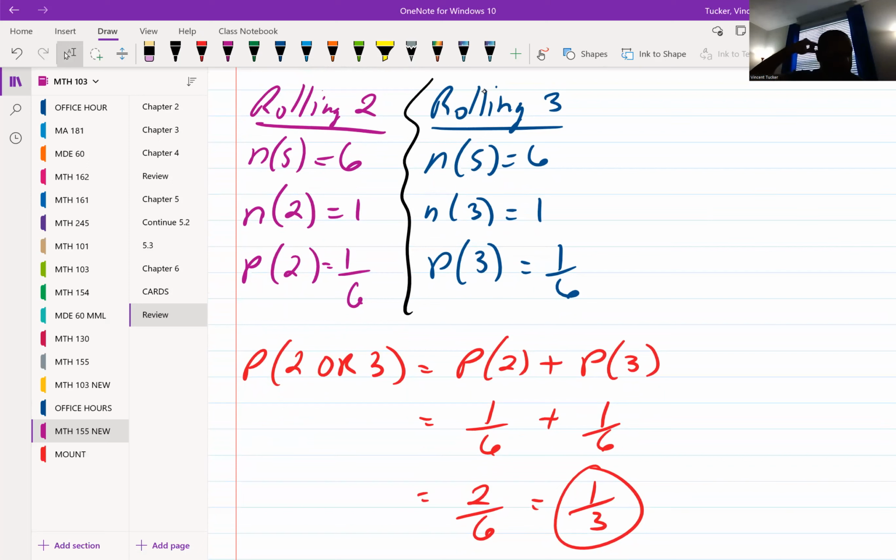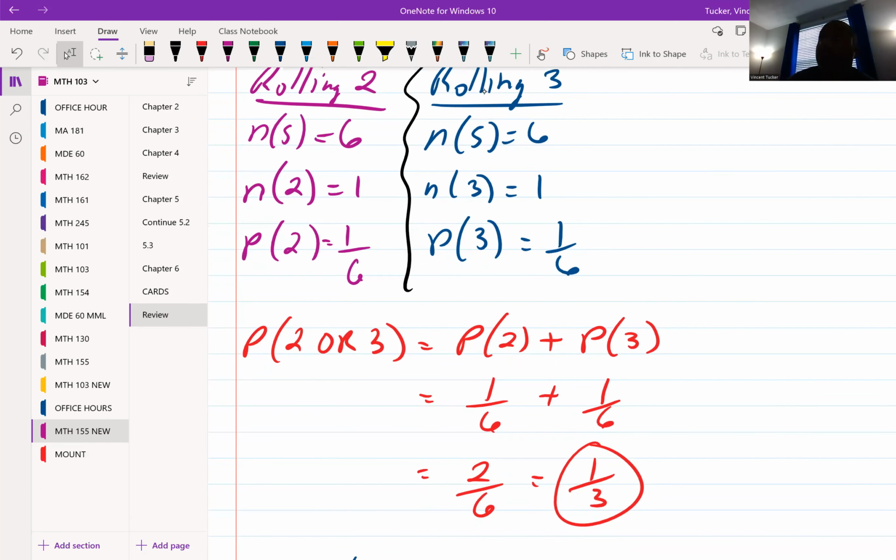You just add those two probabilities together, and that would be 2 over 6, which will reduce down to 1 over 3. All right, problems before we look at the next one.